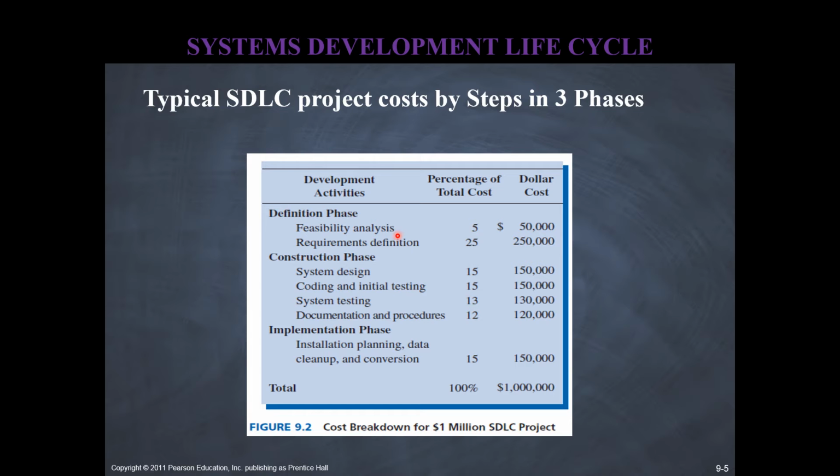Because if you fail to capture correct requirements from users, then all subsequent steps, in a way, they become a waste. So the idea here is that you need to spend a lot of time defining user requirements towards an information system solution. So that's one of the key assumptions of the SDLC worldview.